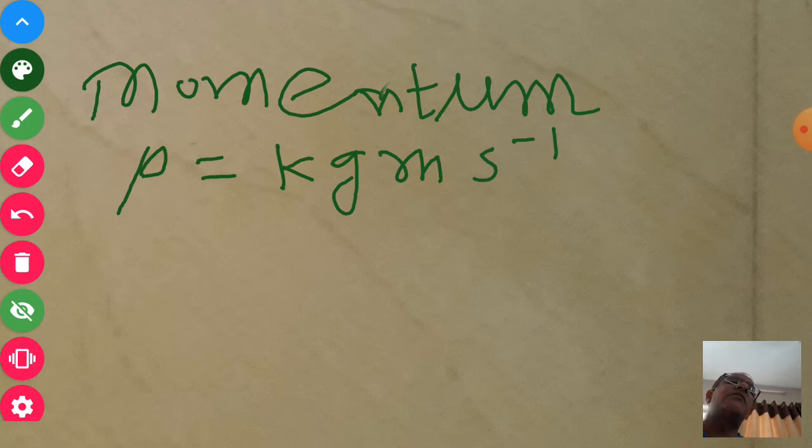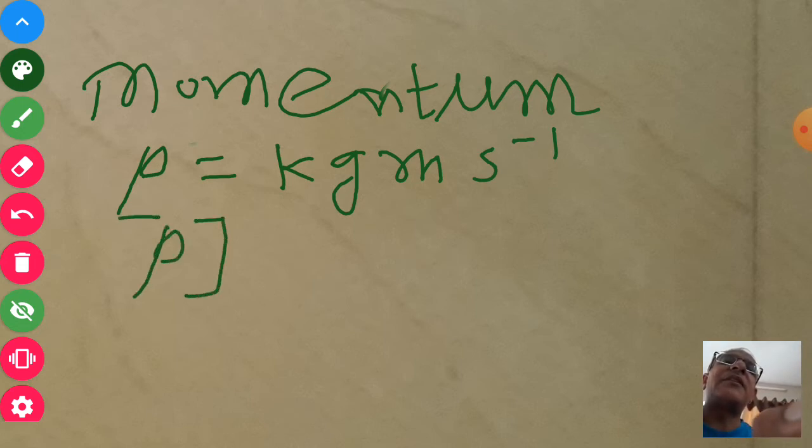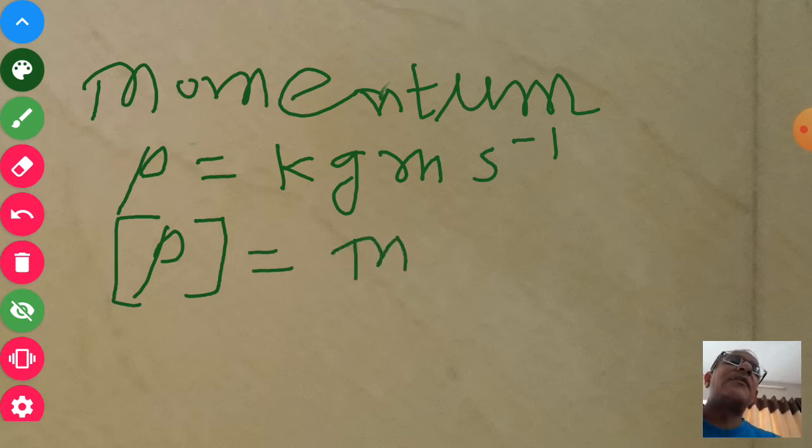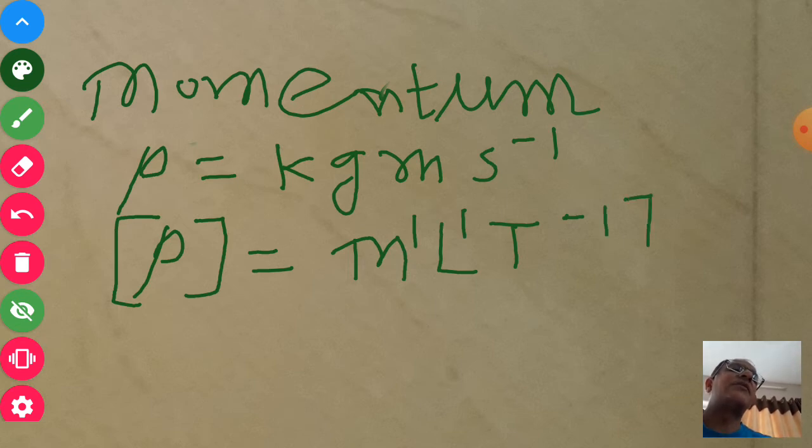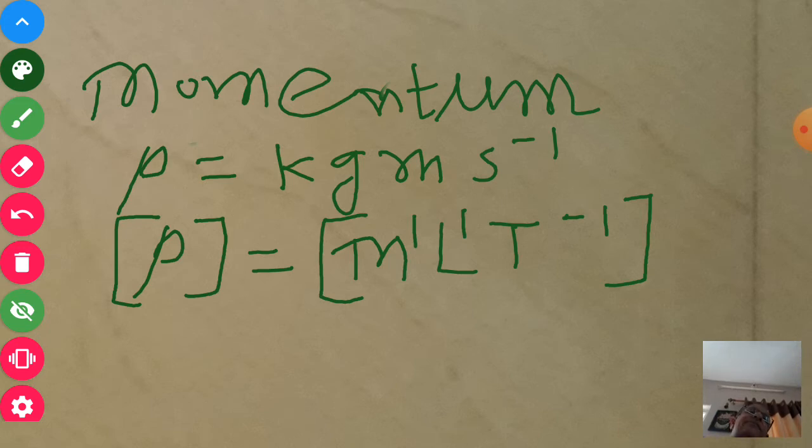Kg is the unit of mass, meter is the unit of length, second is the unit of time. So momentum p, dimensional formula we write in the square bracket, we write M, L and T: M raised to 1, L raised to 1, T raised to minus 1. So this will be the dimensional formula for momentum.